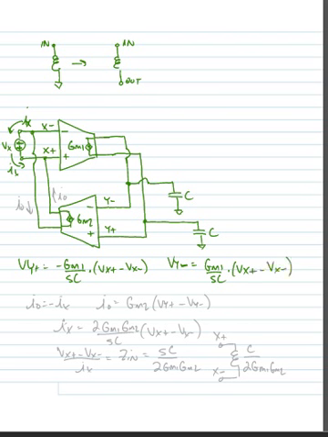Now, similarly to what we said before, we can say that this feedback current that we'll call Io is equal to minus Ix. So we can say that Io is equal to GM2 times Vy plus minus Vy minus.